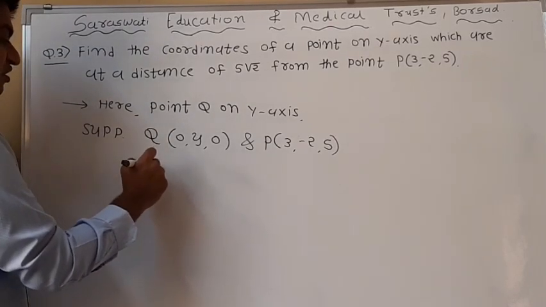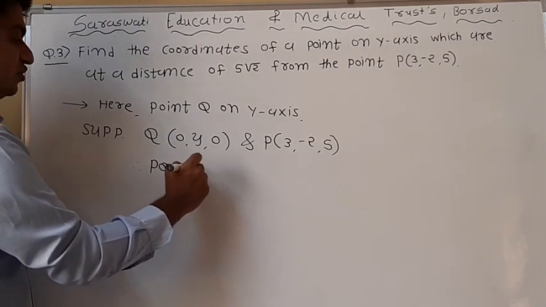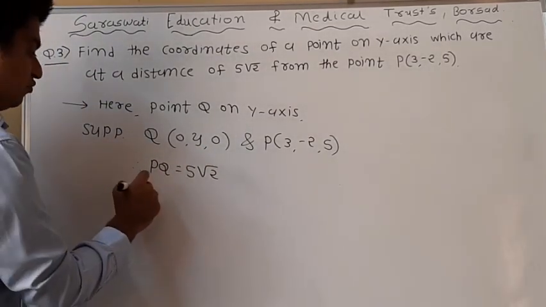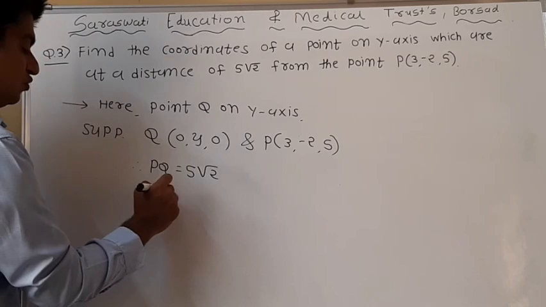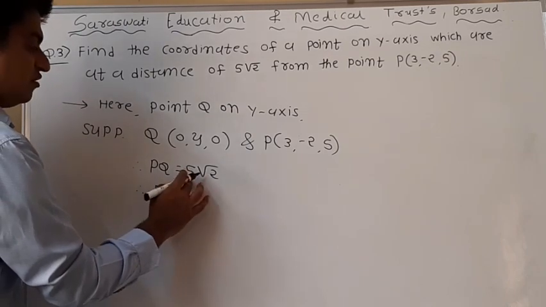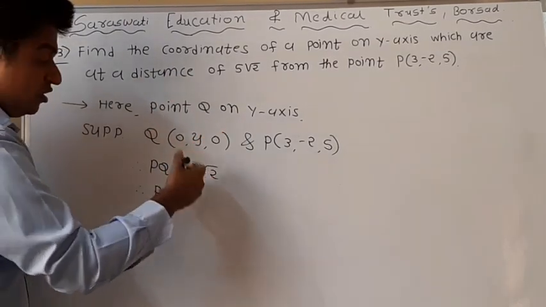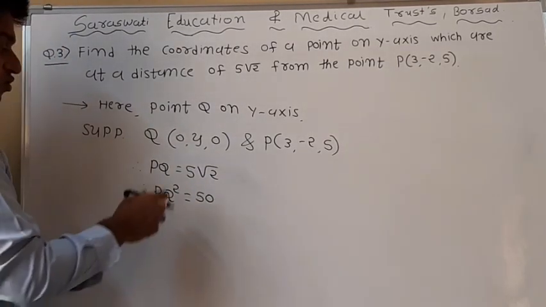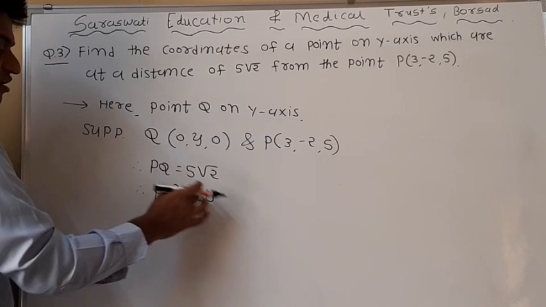That means PQ is equal to 5 under root 2. Now after squaring on both sides, PQ square is 5 square, 25, and root 2 square means 2. So here we write 50.